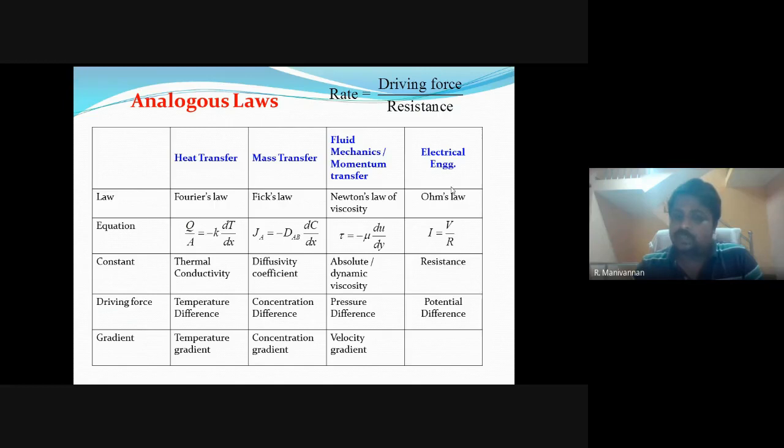And in the case of electrical engineering, it is resistance, and the driving force is the potential difference. The gradient in heat transfer is the temperature gradient, in mass transfer it is the concentration gradient, and in fluid mechanics it is the velocity gradient. So this is the similarity. These laws are very similar in nature, and that is why I have shown them separately in this slide.